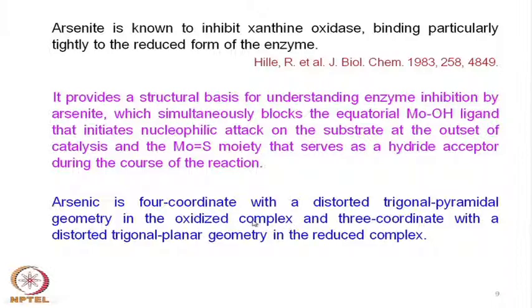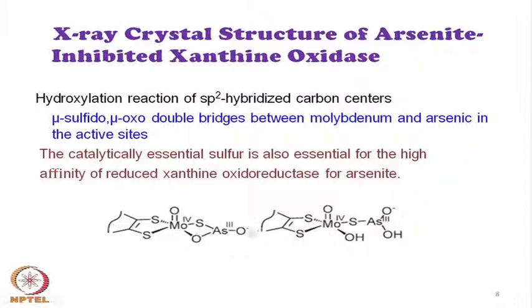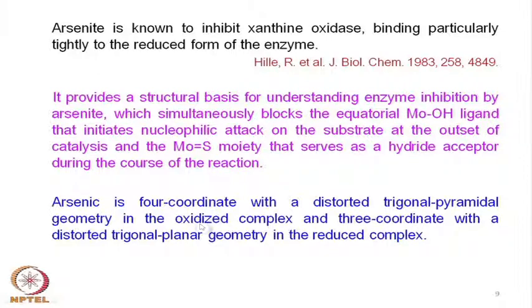So, these two forms, the four-coordinated form with trigonal pyramidal geometry and the three-coordinated form with distorted trigonal planar geometry in the reduced form, are important, because the geometry around arsenic is important for stabilizing a particular oxidation state. Okay, thank you.